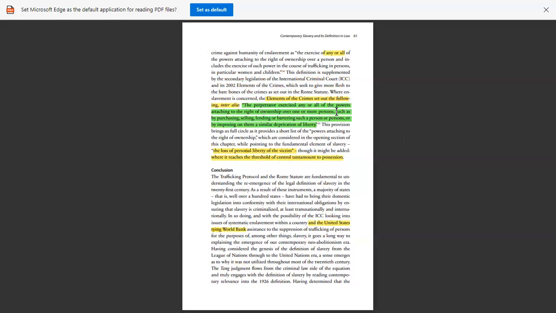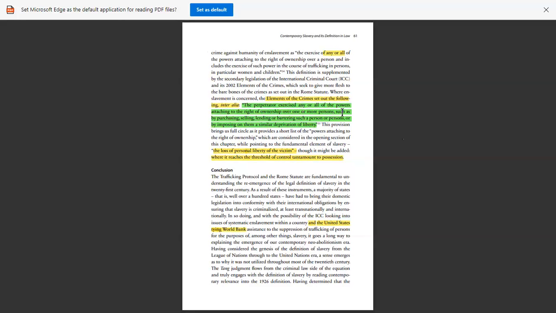That's it. Now they get into an example such as, so it could be only one person that they exercise it over, and it can be any of the particular elements. So any of the elements over any one person covers it.